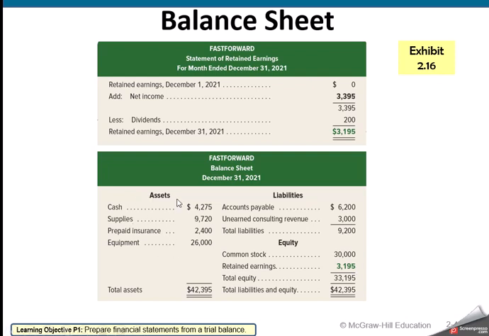But then again, you can see the assets are all listed out to get to our total assets. Our liabilities are listed out to get to our total liabilities. And then our equity is listed out to get to the total equity. So you do want to understand those entries and how to build the different statements.